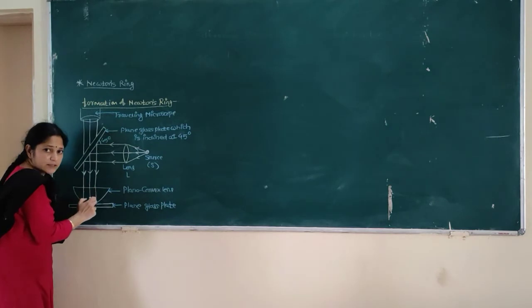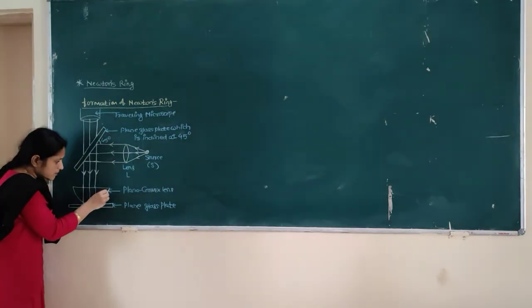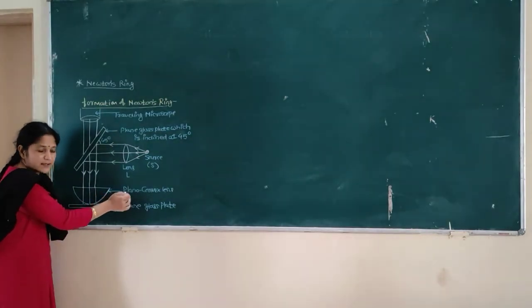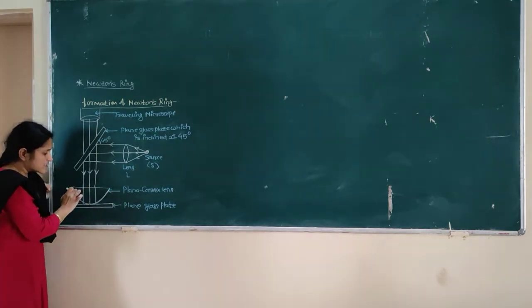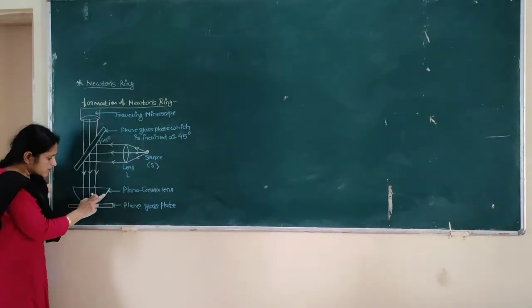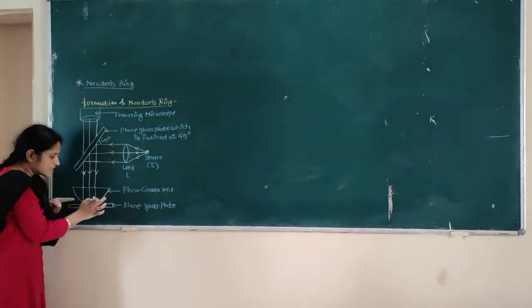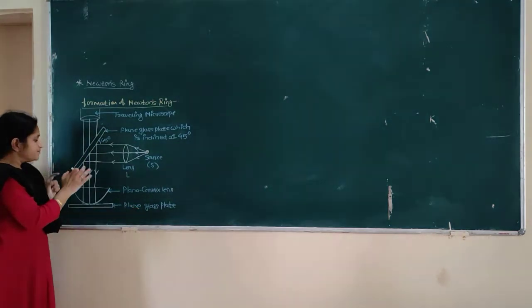And that incident light is reflected back from the surface of the plano-convex lens. Plano-convex lens means what? Its one surface is plane and other surface is convex. And this plano-convex lens is placed on a plain glass plate. Understood?